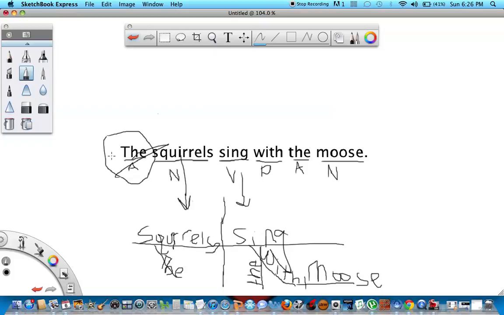But I just want everybody to know that the word the describes what we're talking about. So the subject, which is squirrels, and then the word with, and moose is describing sing.